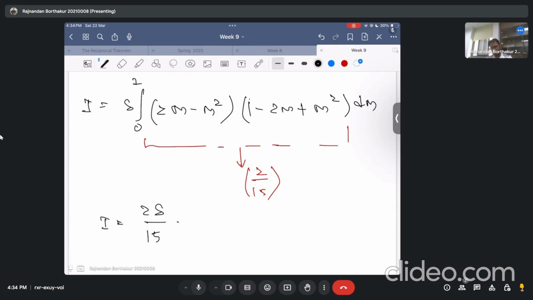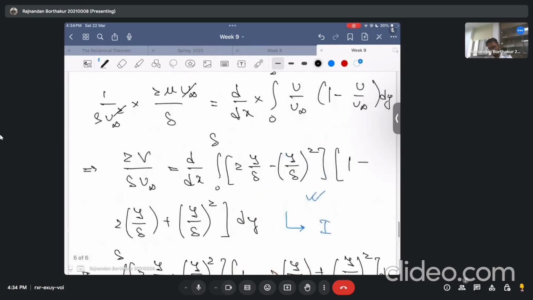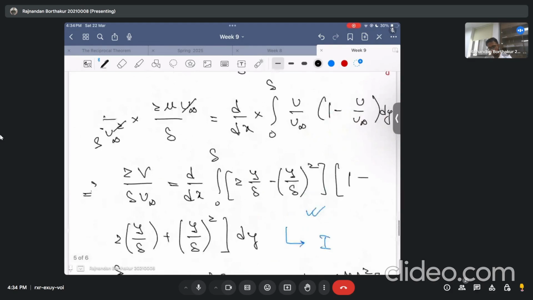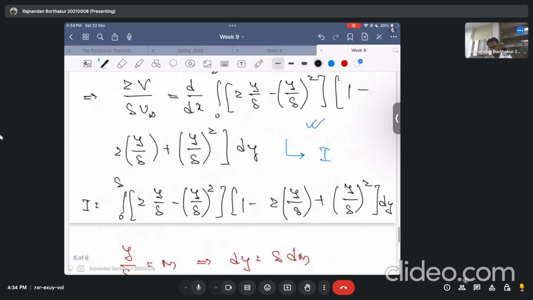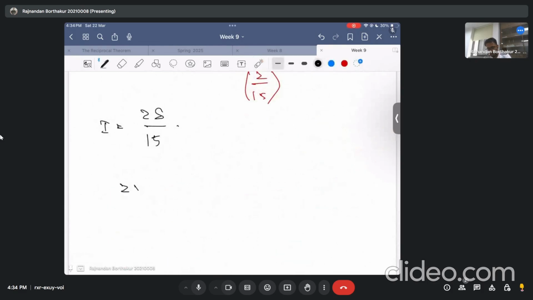Okay. And then if I substitute the value of this integral here, it just comes that 2 nu by u infinity is equal to d/dx of 2 by 15 delta. But remember, delta itself is a function of x.